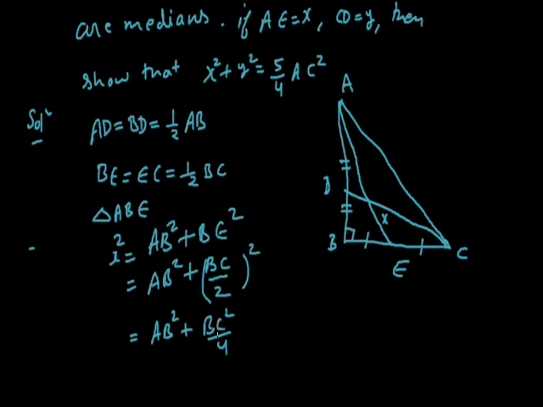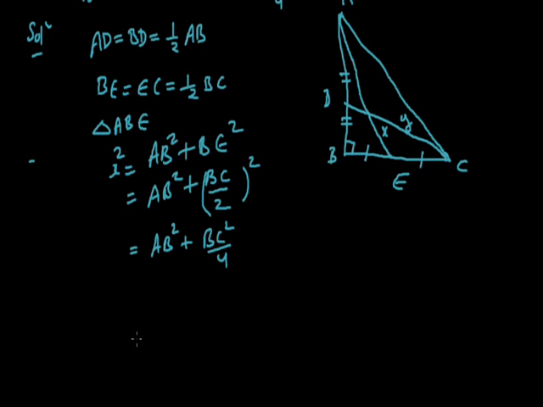Now to find the value of Y square, we consider the length of CD is Y. We consider triangle DBC. Now in triangle DBC, we again apply the Pythagoras theorem because it is a right triangle. So Y square is equal to BD square plus BC square.